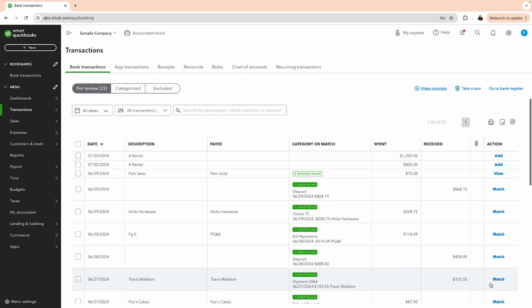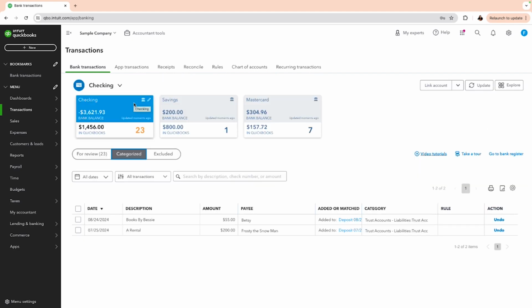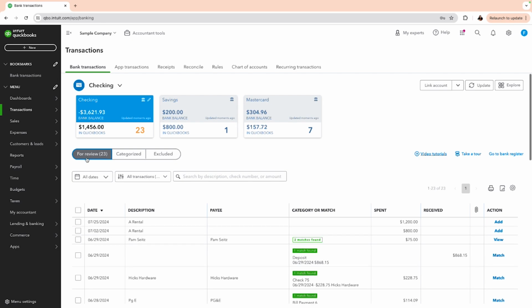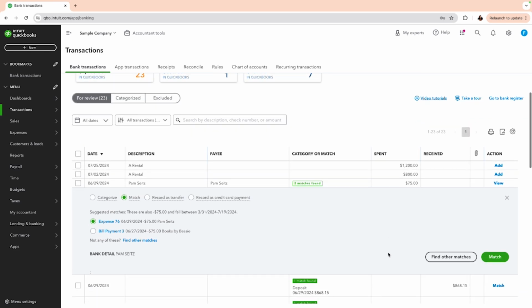Okay, now let's suppose that I provided some services, and now I'm going to book this out of the trust account, and then I'm going to book it in on the checking account. How do you do that? Okay, so let's suppose that the $75 was money out of the trust.